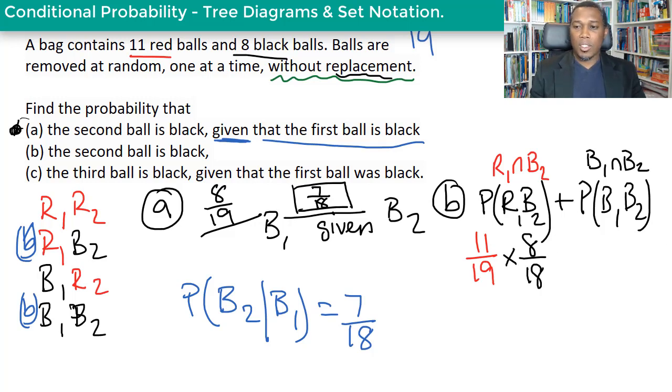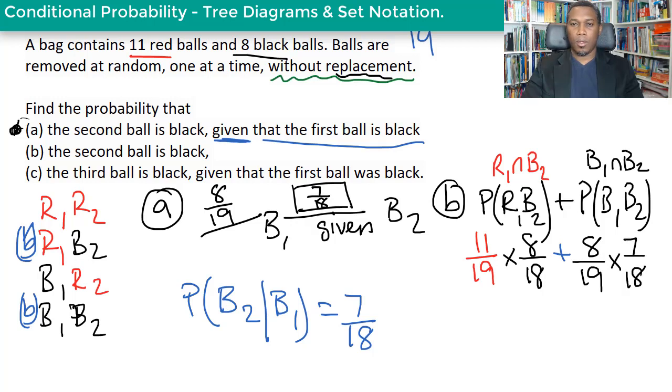And then the second part of the calculation, the chance of getting black the first time, there's definitely 8 black the first time, 8 on 19, and we multiply that by black the second time, which is 7 on 18.